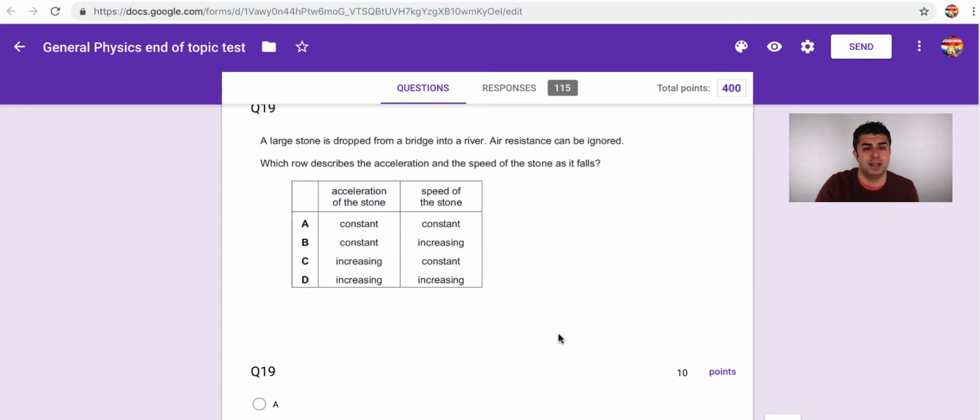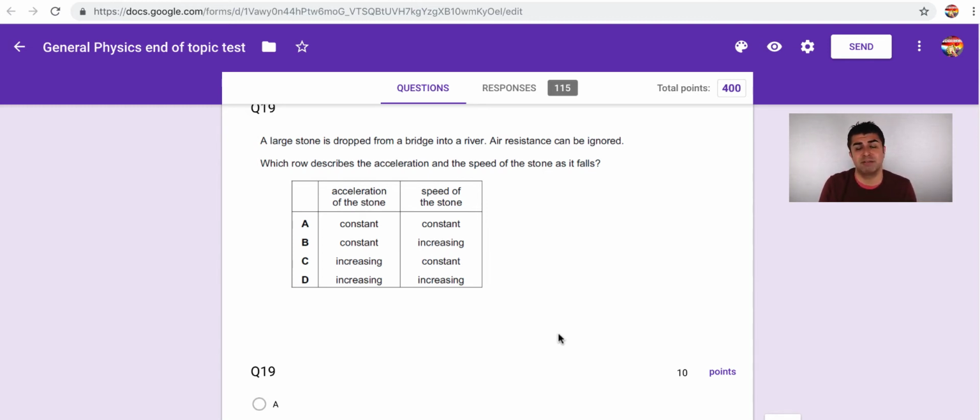Number 19. A large stone is dropped from a bridge into a river. Air resistance can be ignored. Which row describes the acceleration and the speed of the stone as it falls? Well, gravity for every object is the same. And what gravity does to an object, if there is no air resistance, it will make the object accelerate.